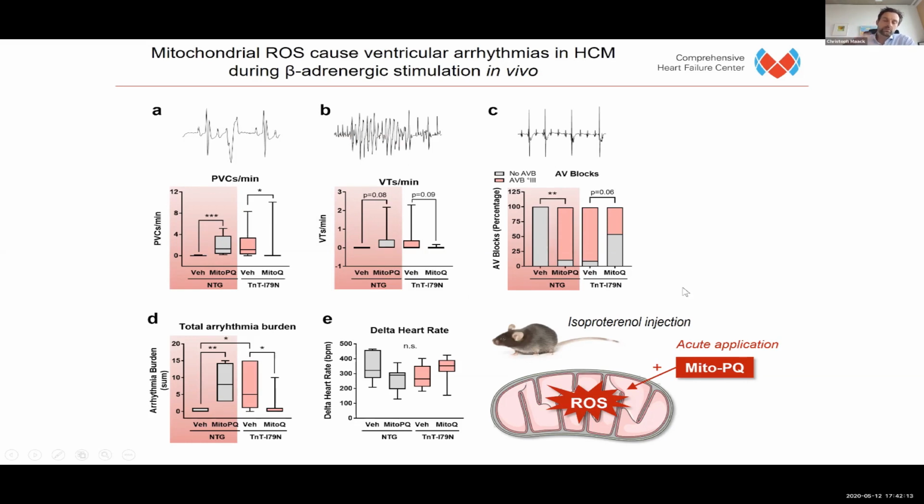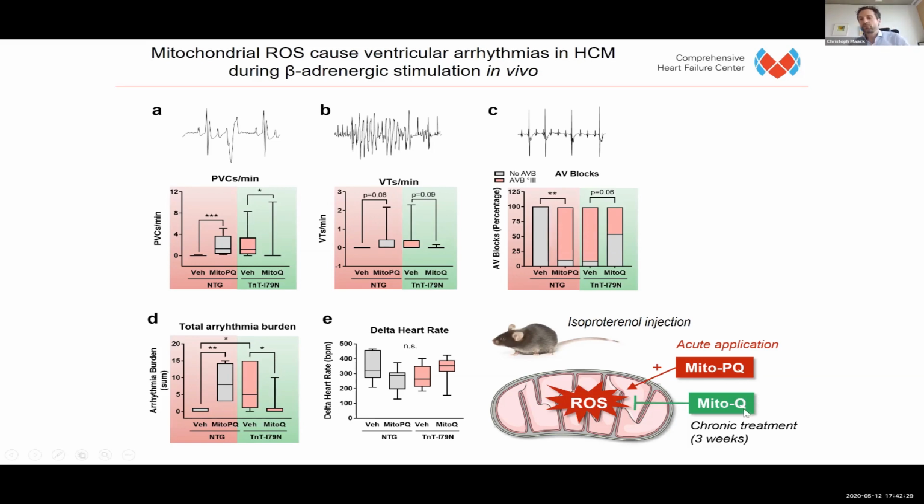But this is just inducing arrhythmias artificially in normal mice. The critical question was whether we would have something with which we can prevent arrhythmias in mice with the HCM mutation. And here we used MitoQ. MitoQ is coenzyme Q, an antioxidant, also shuttled to the mitochondria. This treatment, however, needed to be done for a longer time, for 3 weeks.